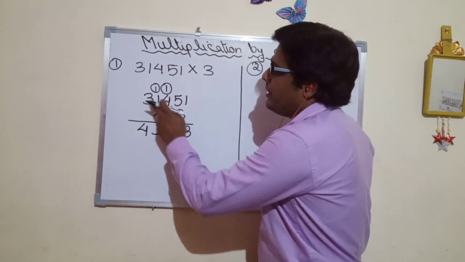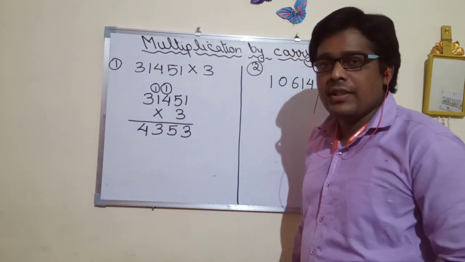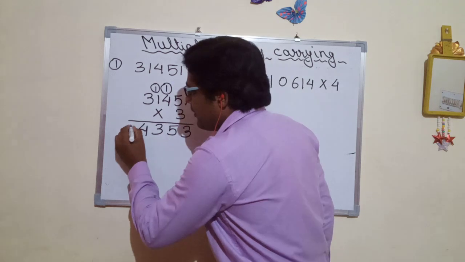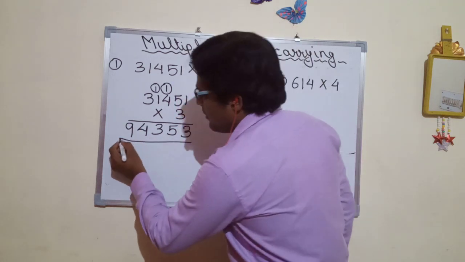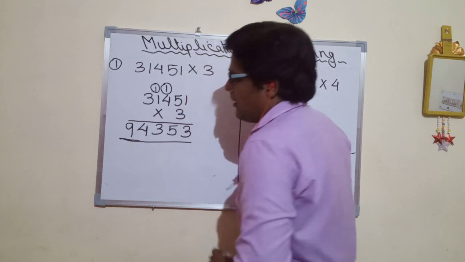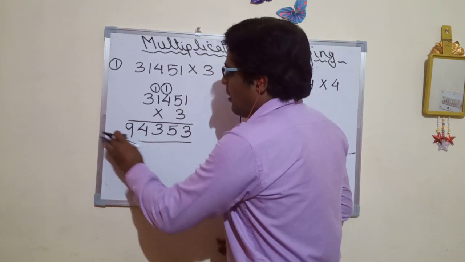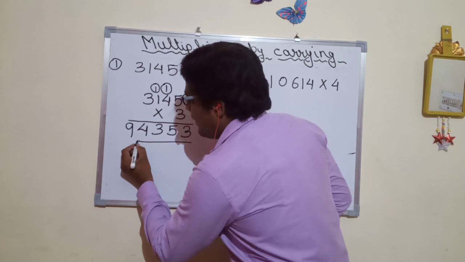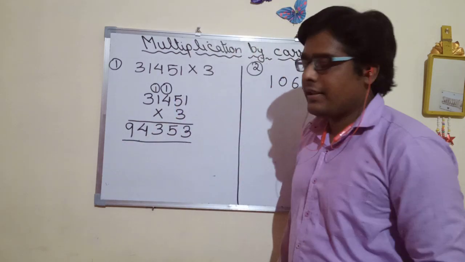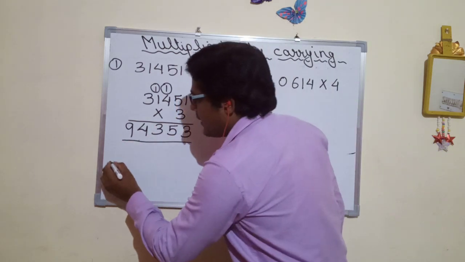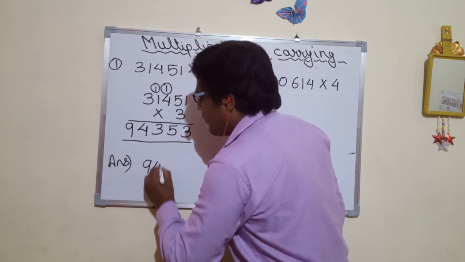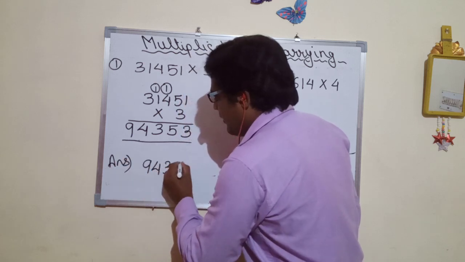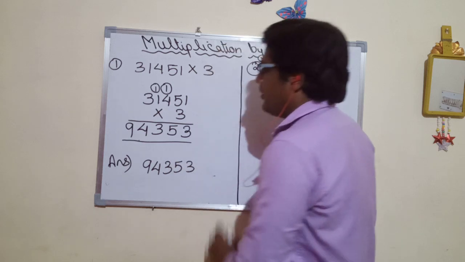Now you multiply 3 by 3. 3 threes are 9. So write 9 over here. So answer of this will be 94,353.